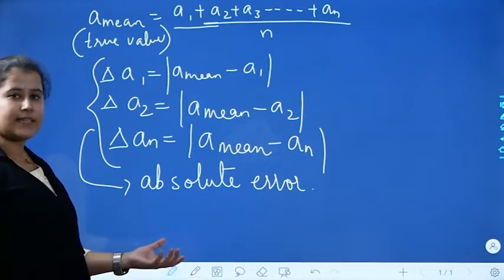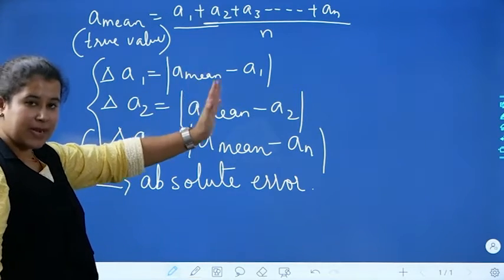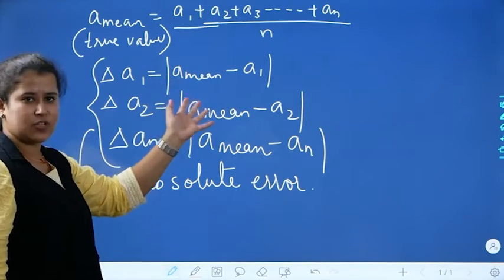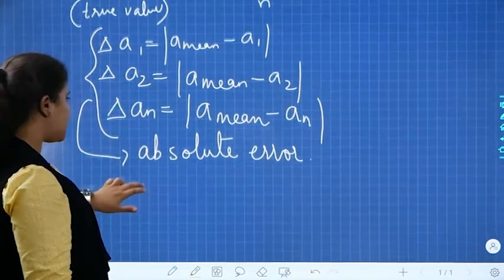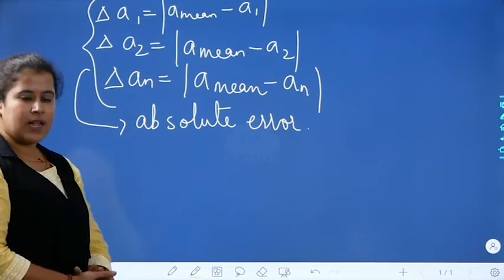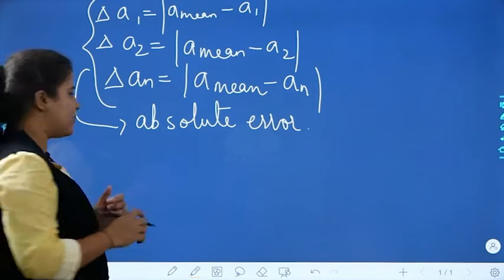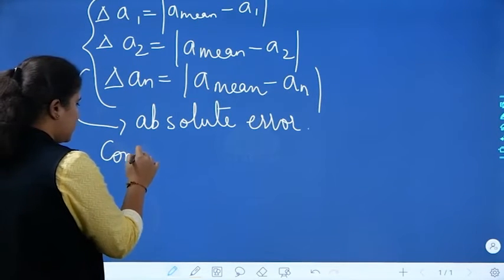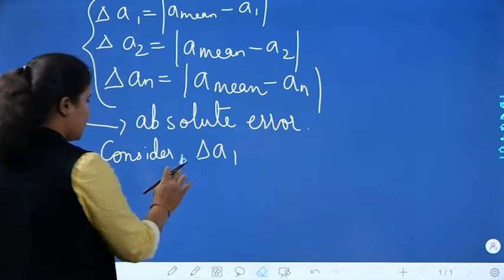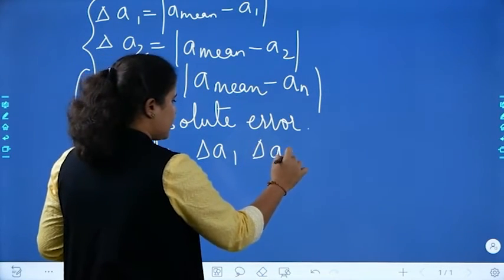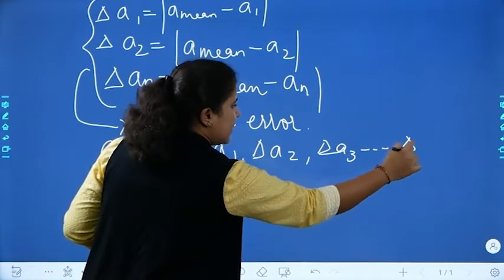So why can I say it is absolute error? Because I am taking the difference of the true value and the measured value, right? So moving on to the next, this absolute error, then what I'll do is I'll take these absolute errors, that is delta A1, delta A2, delta A3 so on till delta AN.